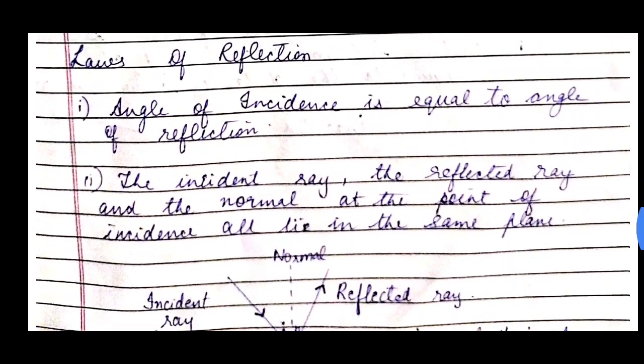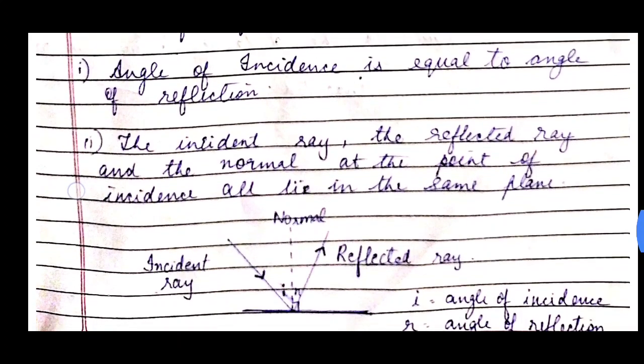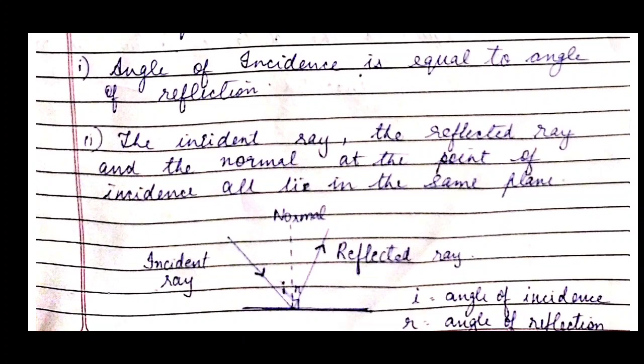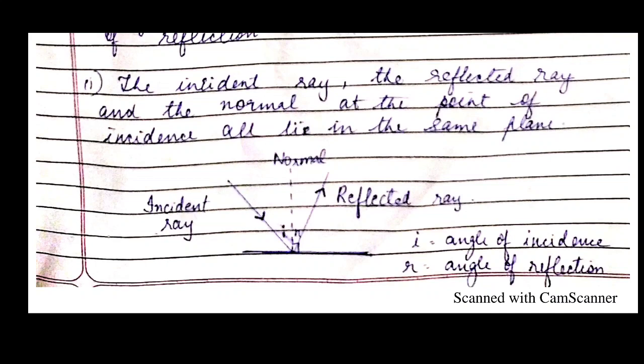There are two main important laws of reflection, that is, angle of incidence is equal to angle of reflection. You can see in the figure that the incident ray, the ray that is coming from a source of light, is an incident ray, and the ray that is moving back is a reflected ray, and there is a perpendicular dotted imaginary line that is known as the normal.